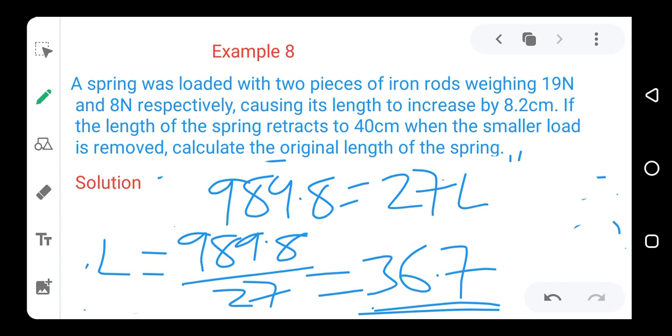So this is the original length of the spring.